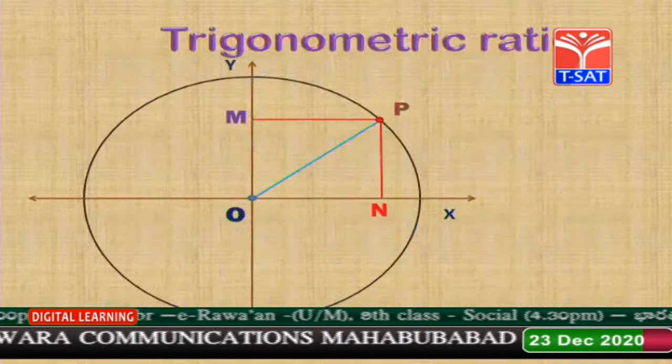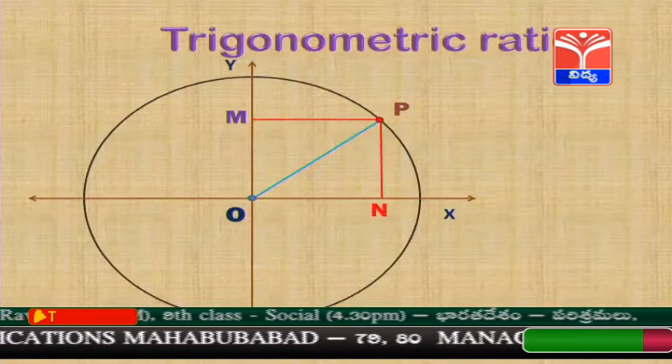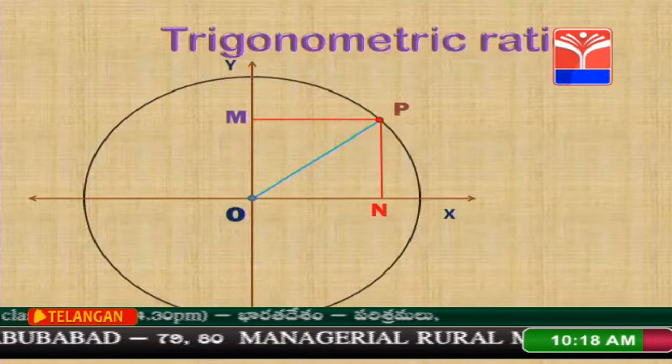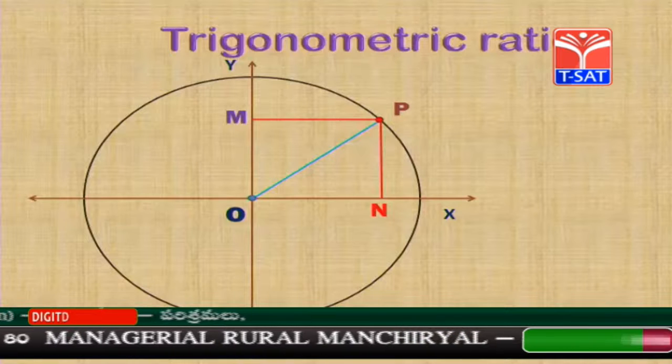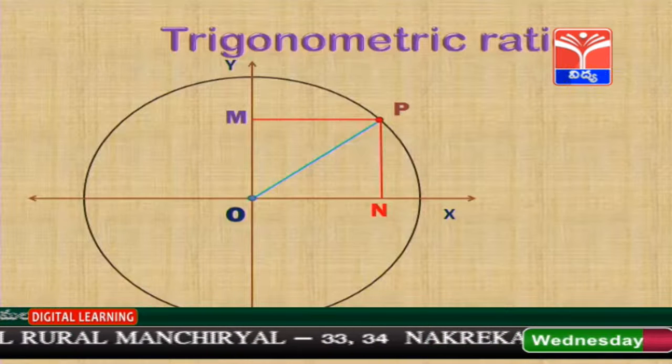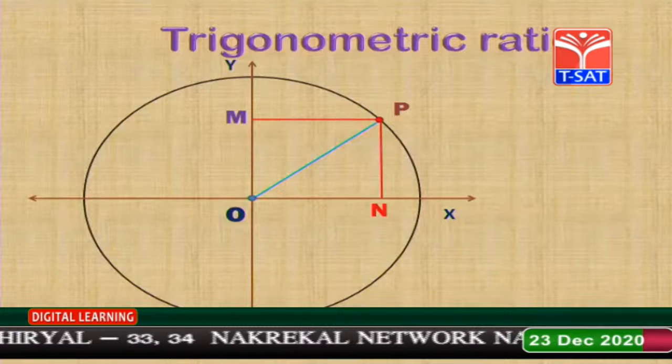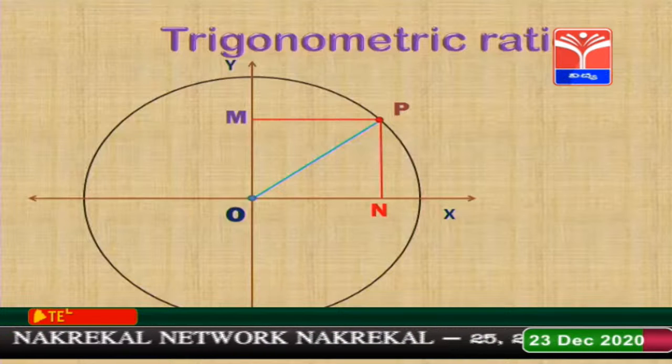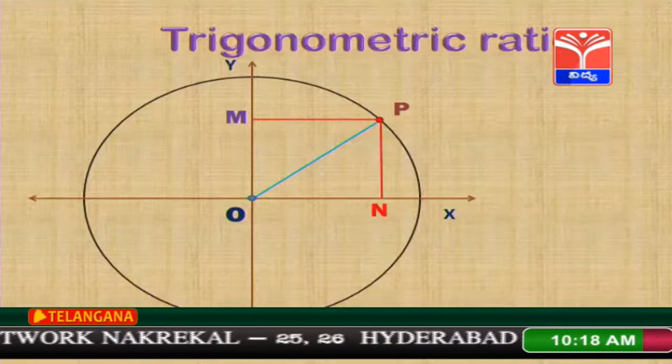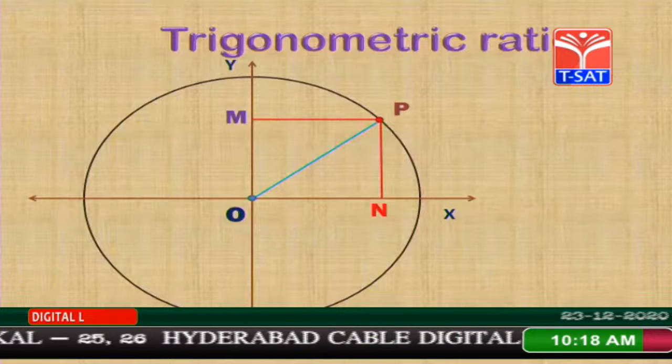Now, you are able to see that P is a point on the circumference of the circle. You are able to see the positions M and N, which are the distances PM and PN, the distances from the y axis as well as the x axis respectively. Is that right?